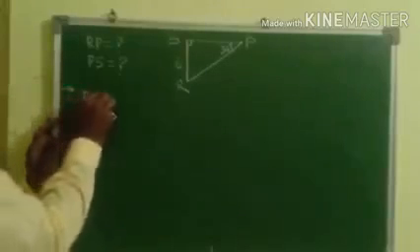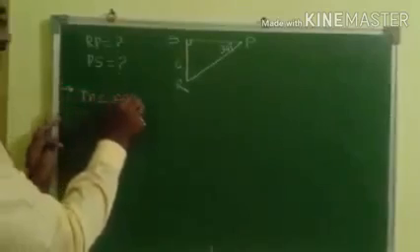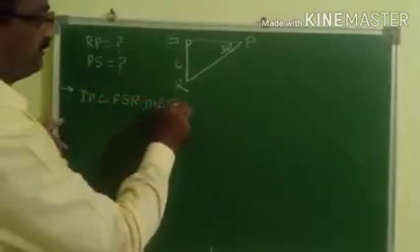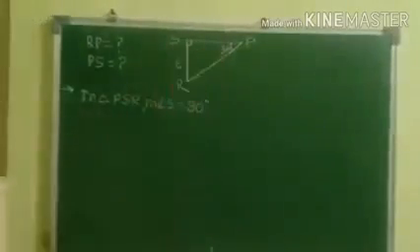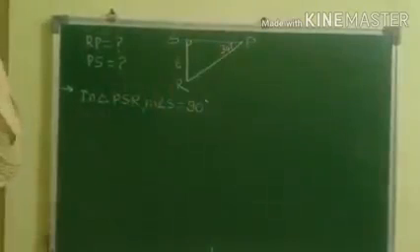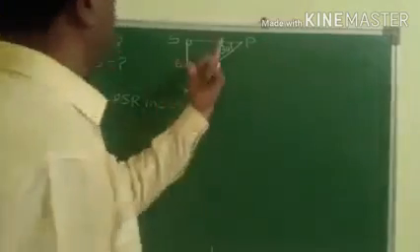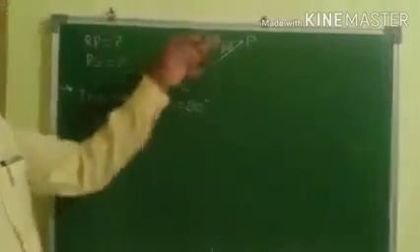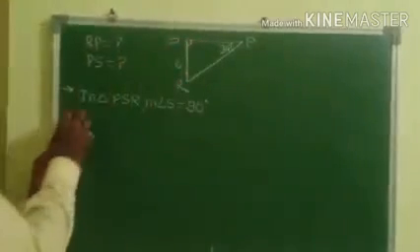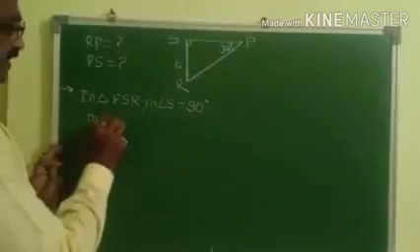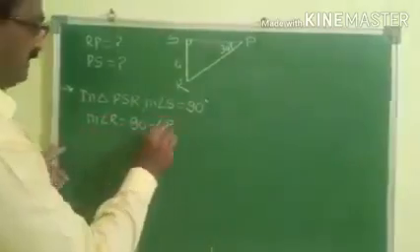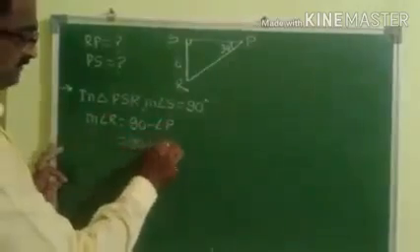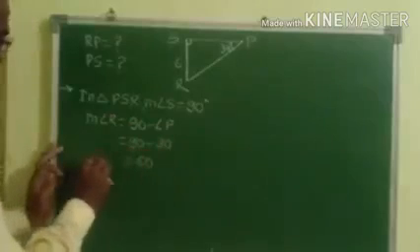So in triangle PSR, the measure of angle S is equal to 90 degrees. That means the sum of these two angles is 90 degrees, or we can say the sum of all three angles is 180 degrees. Therefore, the measure of angle R is equal to 90 minus angle P. So 90 minus 30, that is 60 degrees.